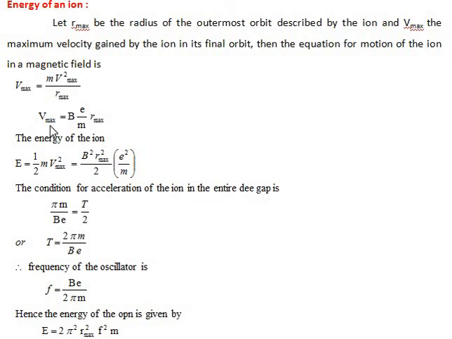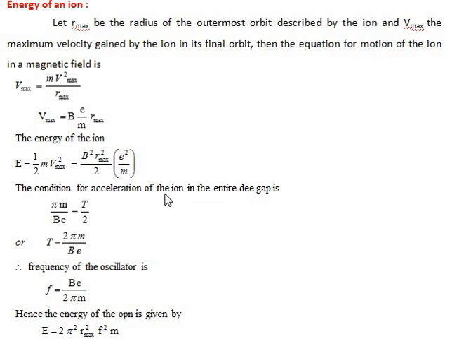So v maximum is equal to Be divided by m times r maximum. The energy of the ion E is equal to half m v squared maximum. We all know that. Just substitute the value of v maximum in this expression, so it becomes B squared r squared maximum e squared divided by 2m.